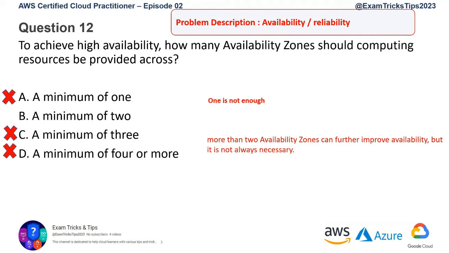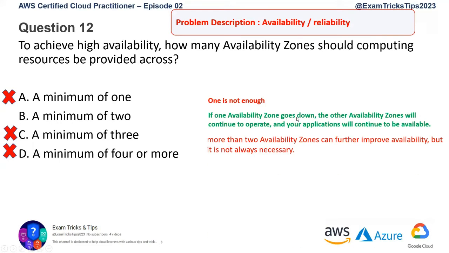In fact, in this question, there's no elimination required. You straight away know you need a minimum of 2 AZs to ensure high availability. So if 1 AZ goes down, you have another AZ and the service is up, and your business continuity is ensured. So the answer is option B for question 12.